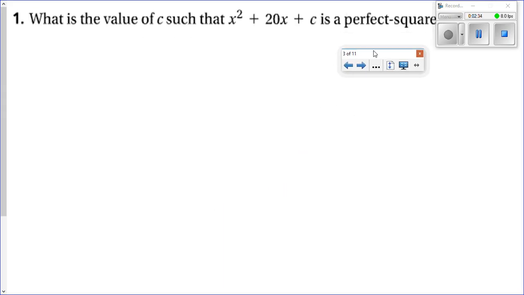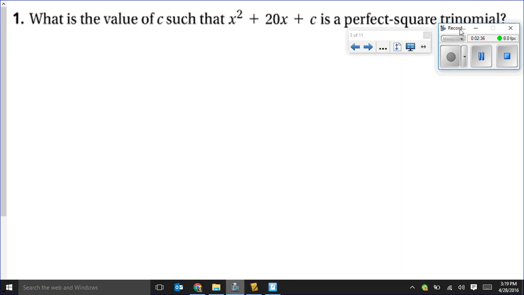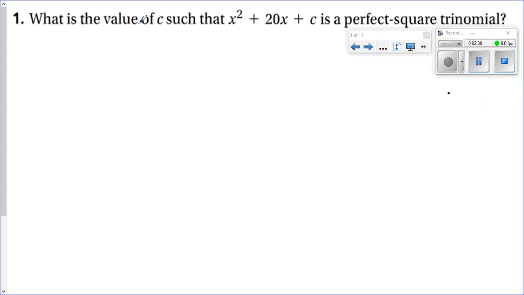Okay, let's try another one. Go ahead and try this one on your own. What is the value of c such that c is a perfect square trinomial? Go ahead and pause it.